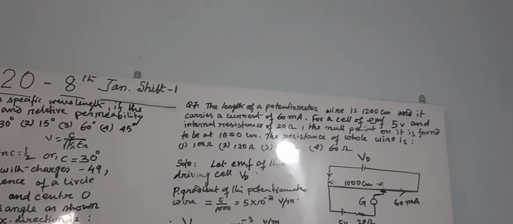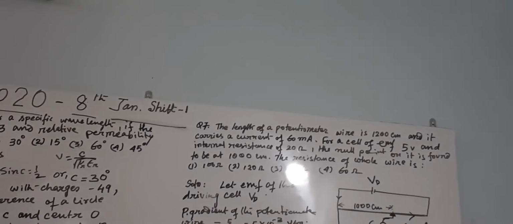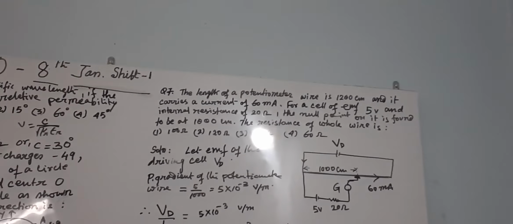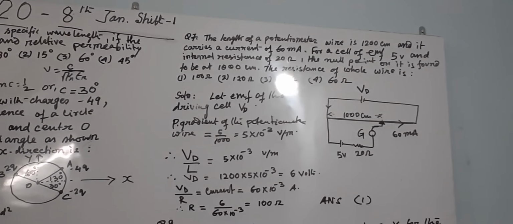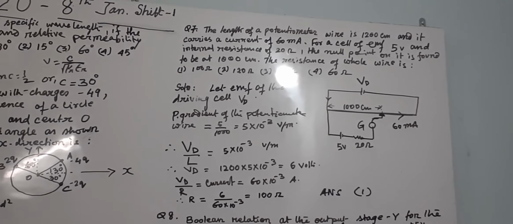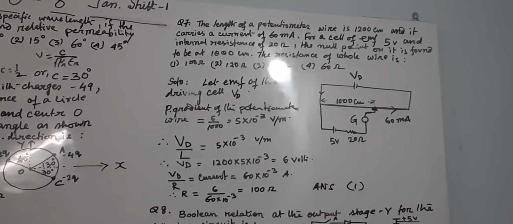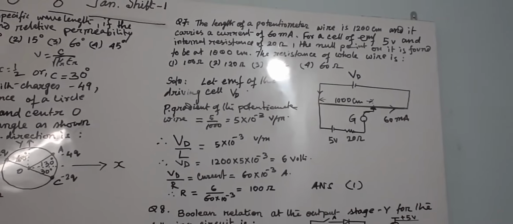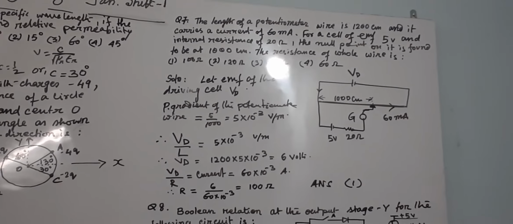Now, question number 7. The length of a potentiometer wire is 1200 centimeter and it carries a current of 60 milliamps. For a cell of EMF 5 volt and internal resistance 20 ohm, the null point on it is found to be at 1000 centimeter.